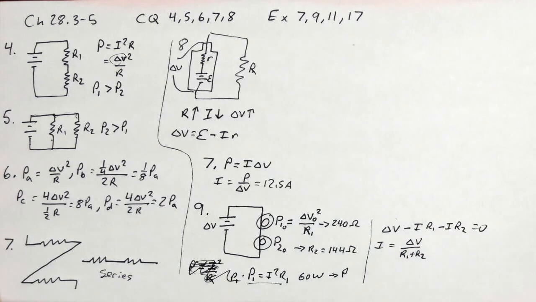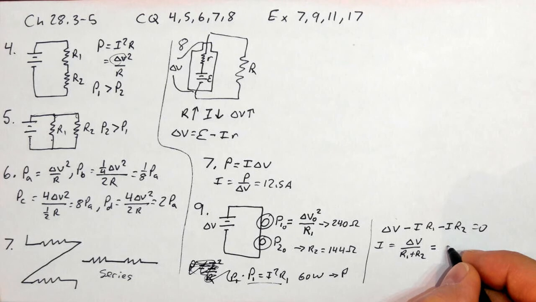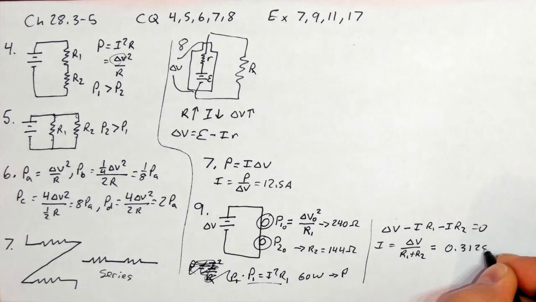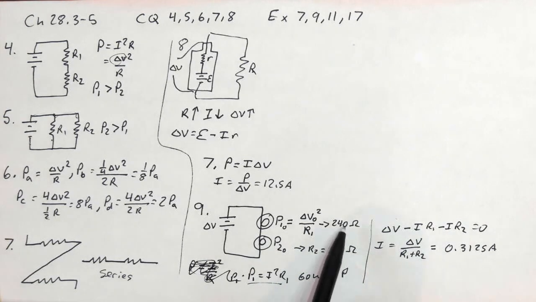All right. Because of that, I can now find that current, plugging those numbers in, and I'm going to get 0.3125 amps. So now that I have the current, I can find the value of the power for each one, multiplying by its individual resistance.